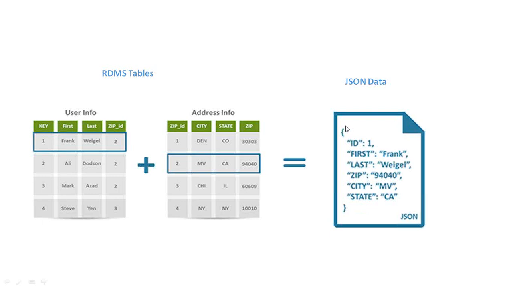With that unique ID we can get the data, and the document will have the data like ID, last name, first name, zip, city, state. So we maintain it as a single record instead of maintaining more tables. Generally JSON documents will be like this only.